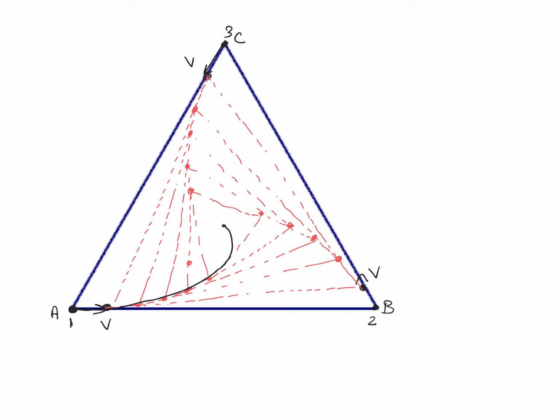Particle 2 is going to move through a path something like this and reach the centroid, and particle 3 is going to move through a path something like this, and after some time it will meet the centroid. So the collision of the 3 particles is going to happen at the centroid.